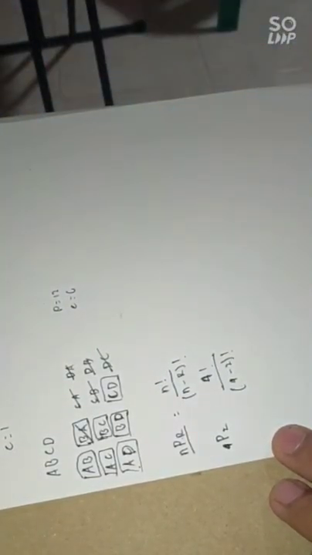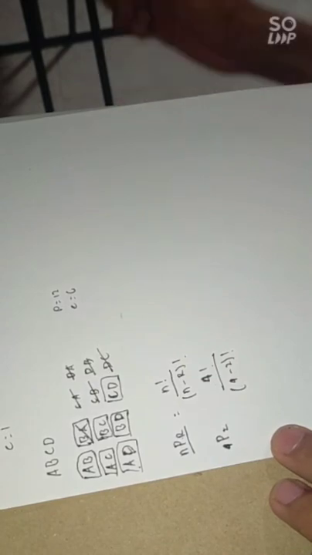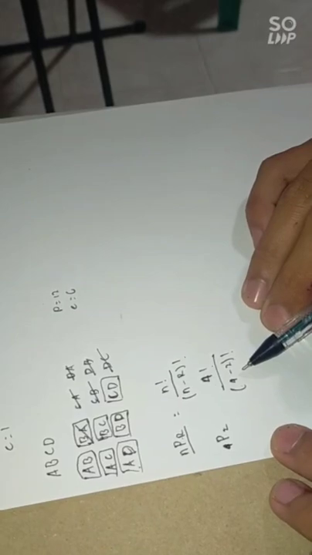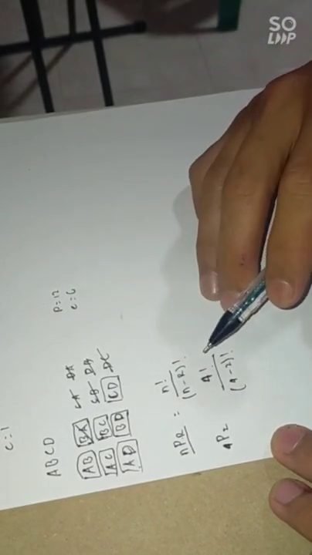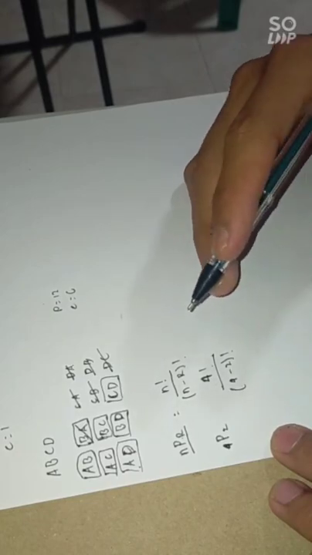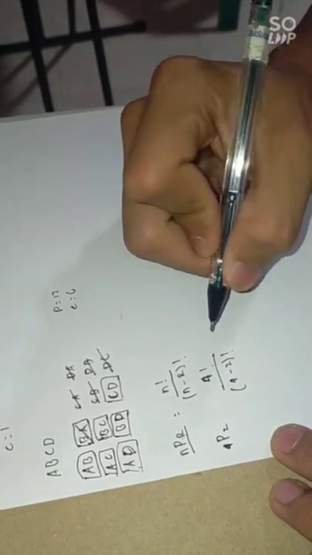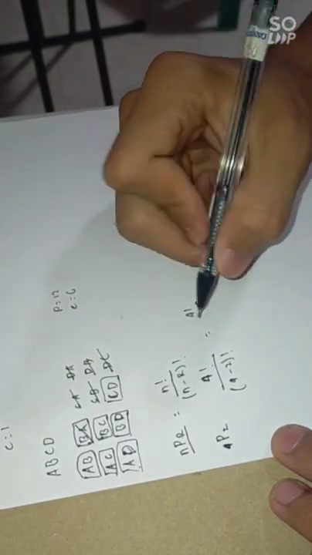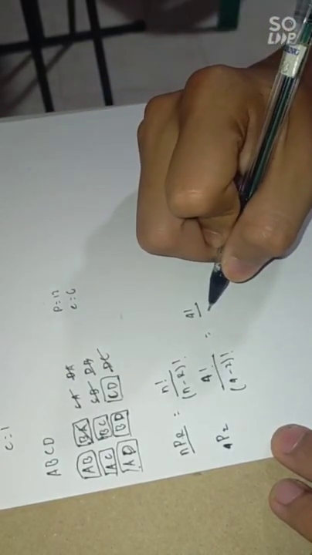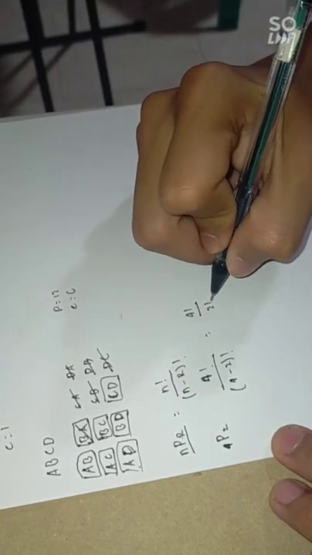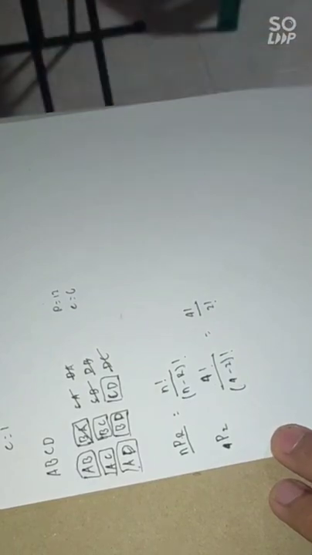Now 4 minus 2 is 2. So we have 4 factorial divided by 2 factorial.